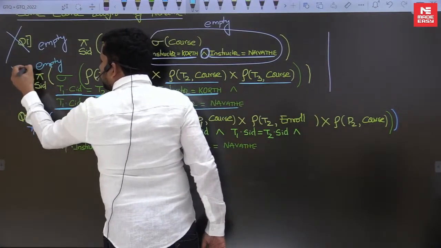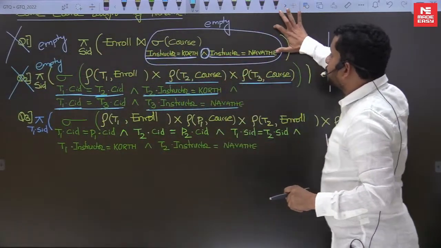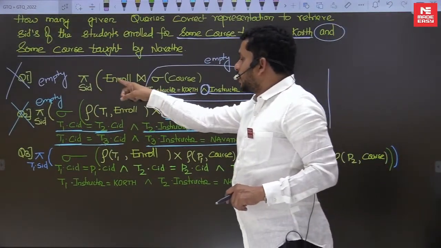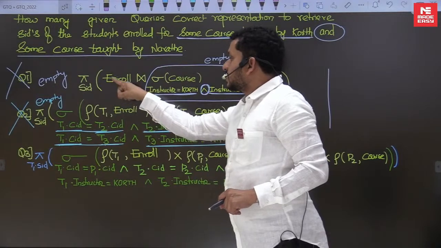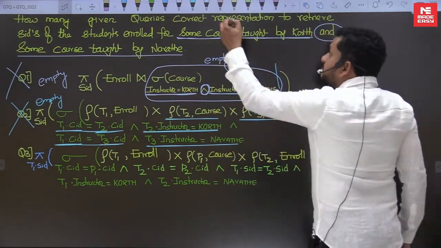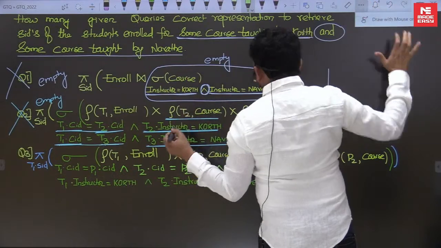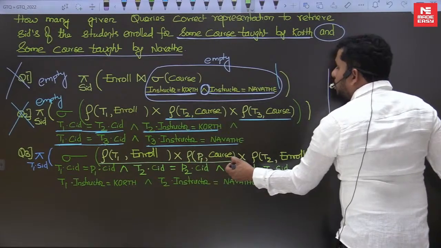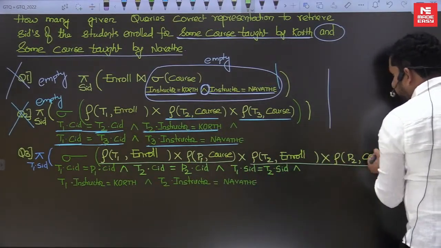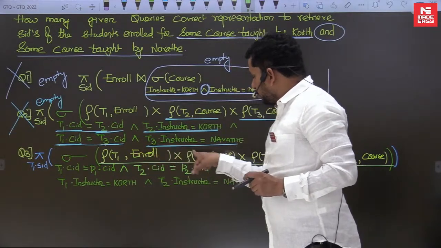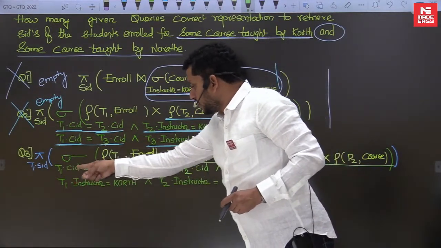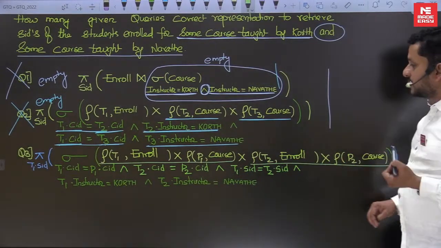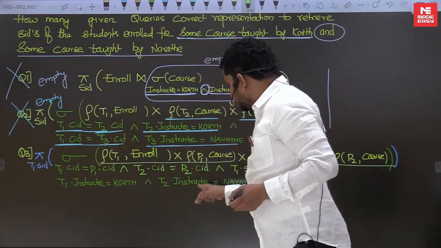So in order to prove that a SID enrolled for some Koth course as well as some Navate course, we need two instances of the enroll and course tables. Using one instance of enroll and course, we can prove that a student enrolled for some Koth course, and using one more instance, we can prove that the student enrolled for some Navate course.